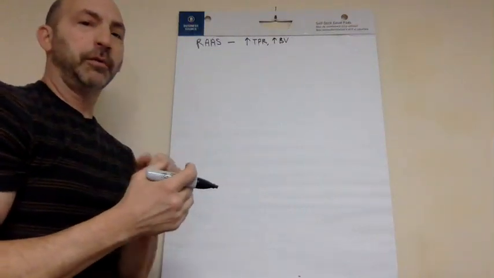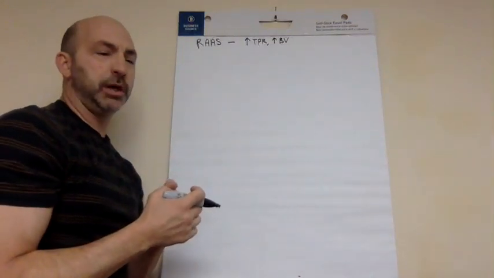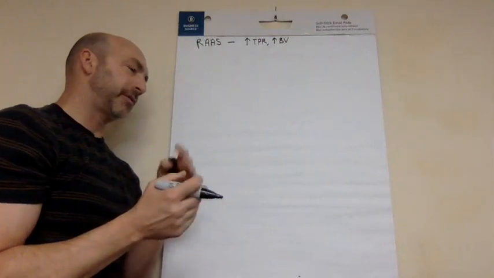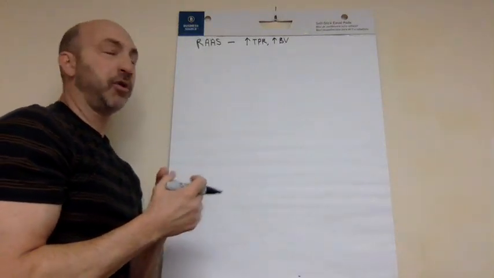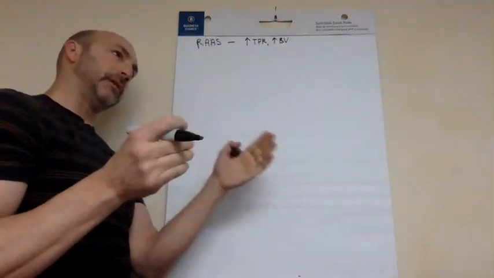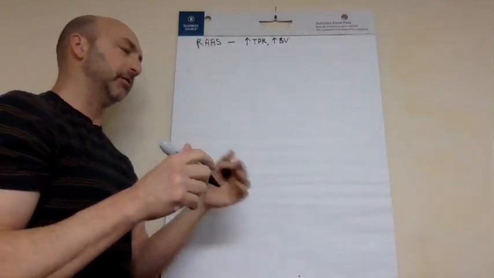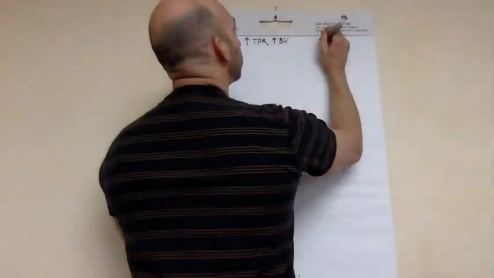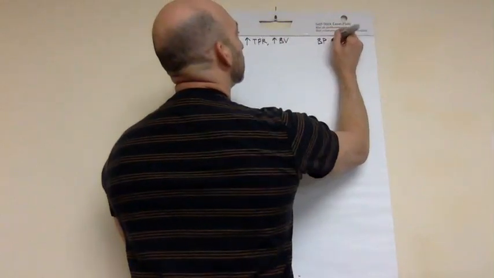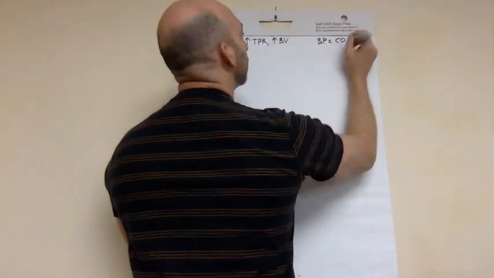If you recall, if we solve Poiseuille's equation, usually solve for flow, if we solve it for pressure, and we use the whole system as our model here, the entire cardiovascular system, then blood pressure equals cardiac output, flow.